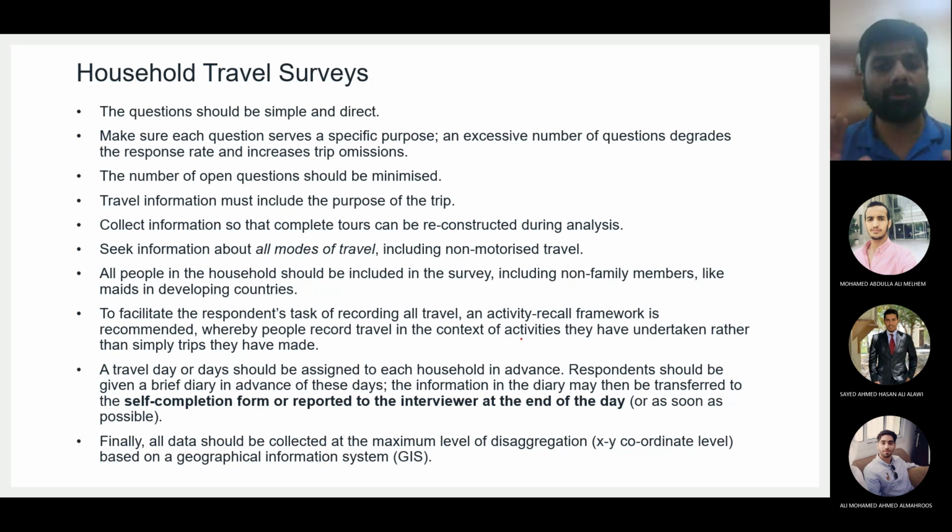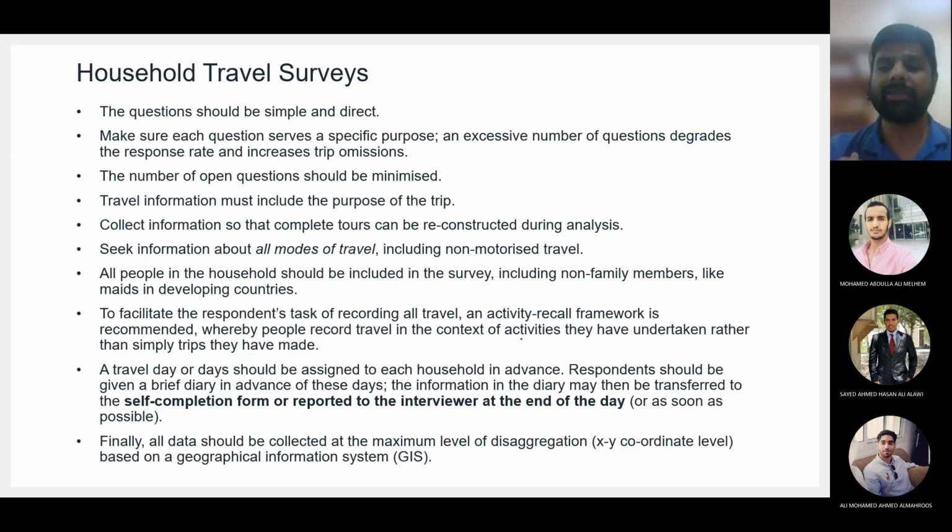So if you take the information for the complete tour of the day, it may help you understand why he took this road and not this road. Why did he take a car and he could have gone walking?